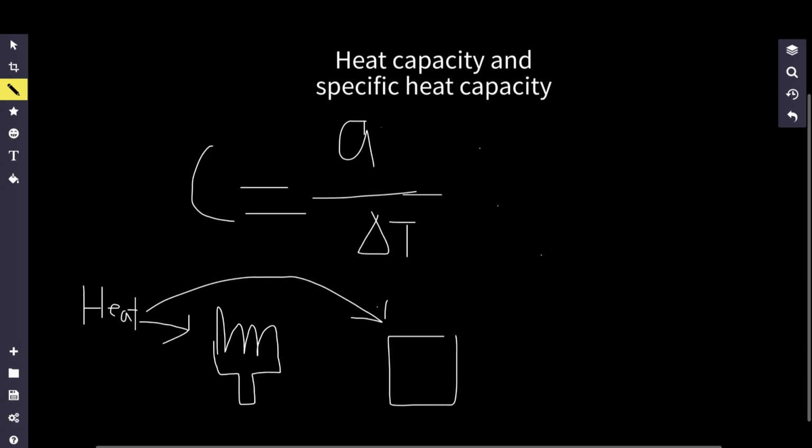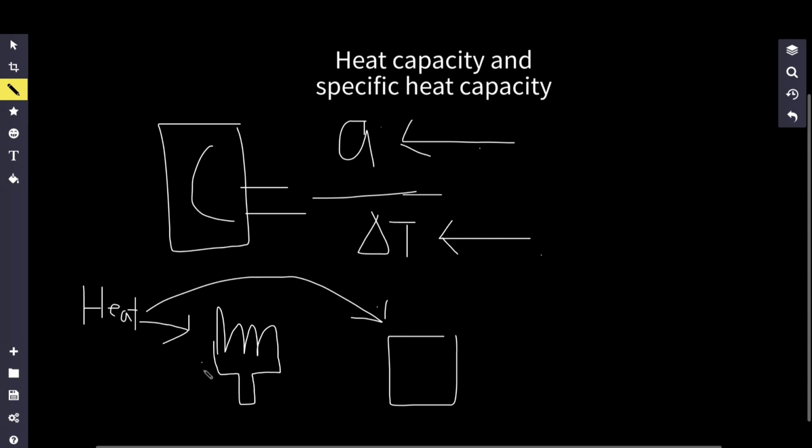Now, the heat capacity of a substance is just how much heat, where heat is denoted by Q, do I need to give this substance to raise the temperature by 1 degree Celsius? So this C represents heat capacity. And as you can see, different objects have different heat capacities.